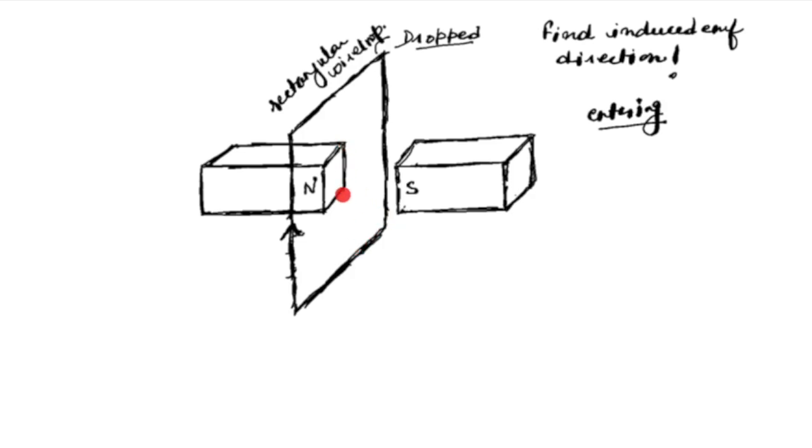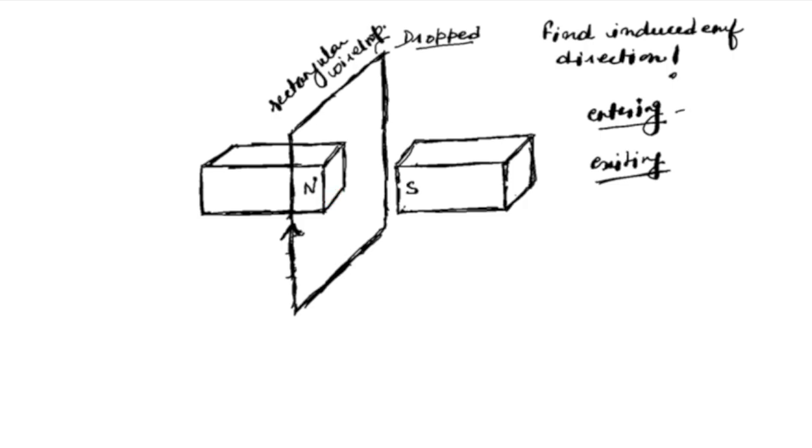Now what will happen? It'll go on increasing, but when the halfway point of this loop has been reached, the magnetic field will start reducing, right? While entering, it is fine. But while exiting, when it is coming out of this magnetic field, this loop will see another change. Now the magnetic field will decrease.